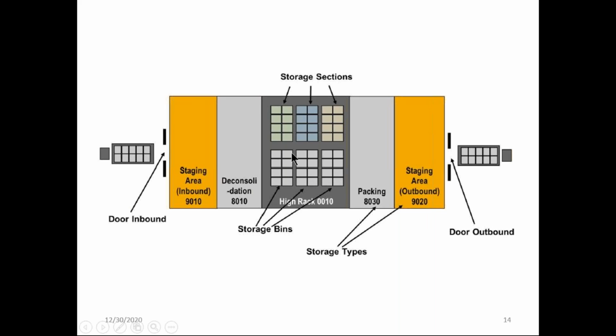Some storage types are work centers, some are standard, and some are staging area groups. The yellow ones are staging area groups, the gray ones are work center storage types, and this one is the standard storage type. This is because different roles are assigned to these storage types. That's how they are defined in the system.